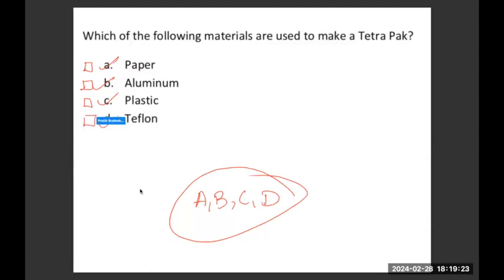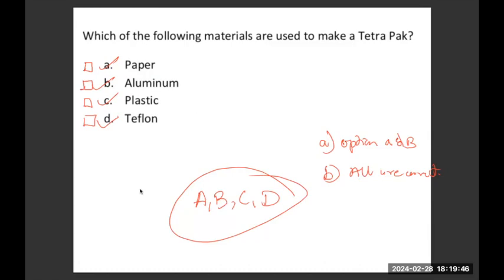Or in some cases, the options will run like this: option A and B, B might say all are correct, and C might say none are correct, likewise. So the options may come like this, or they may be tick box options.